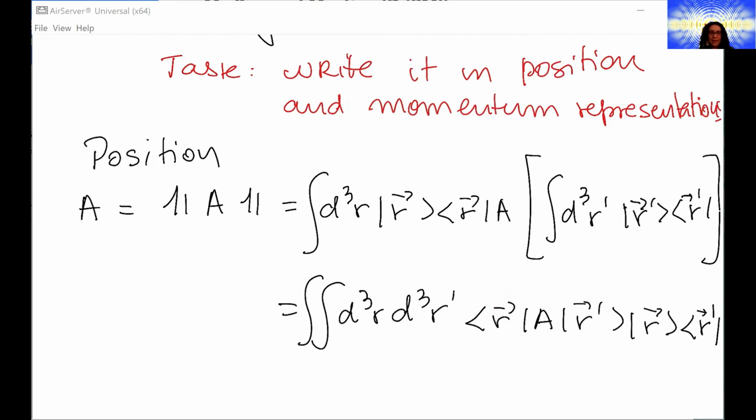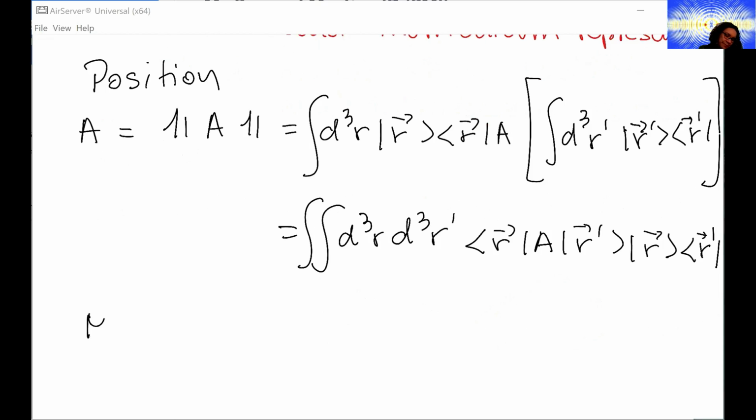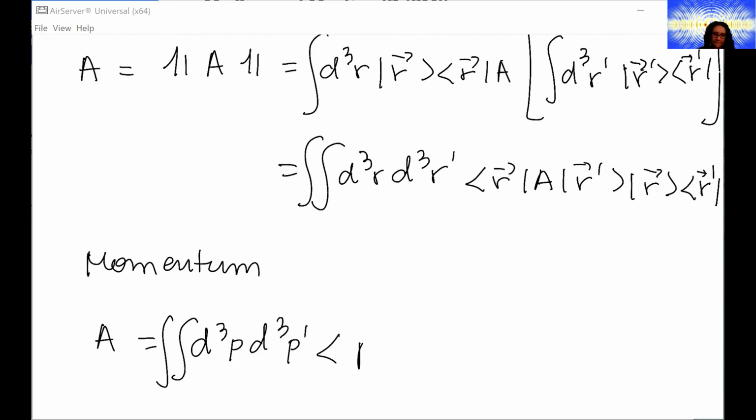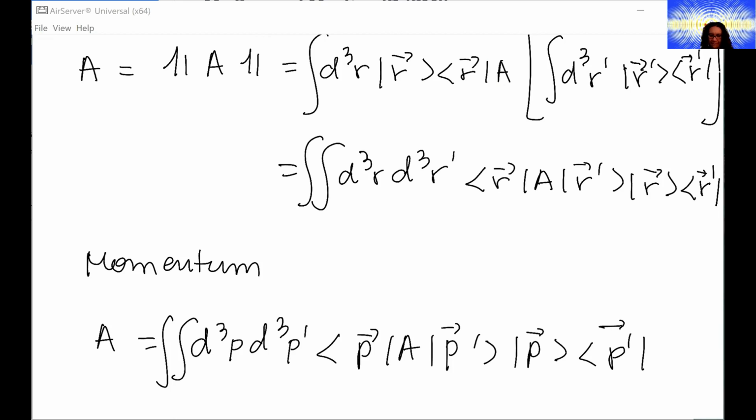And you can also say in the momentum representation that A is going to be the integral d3p d3p' |p><p|A|p'><p'|. No, it's supposed to be a bra. Okay.